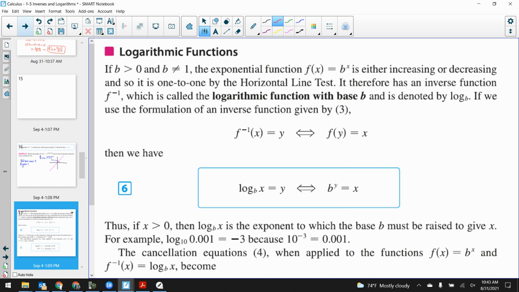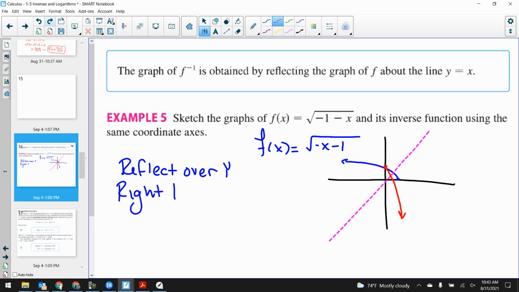I need to draw that a little bit better. Okay. There we go. That's a little bit better. But again, it's just a sketch.